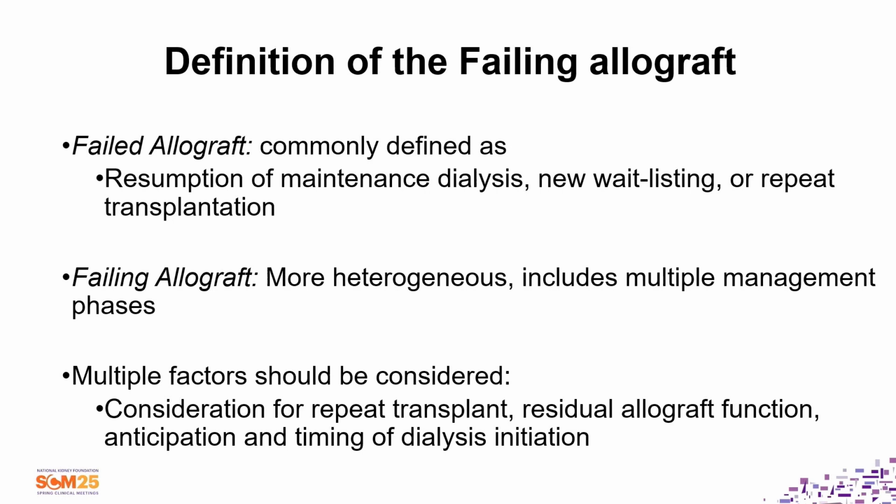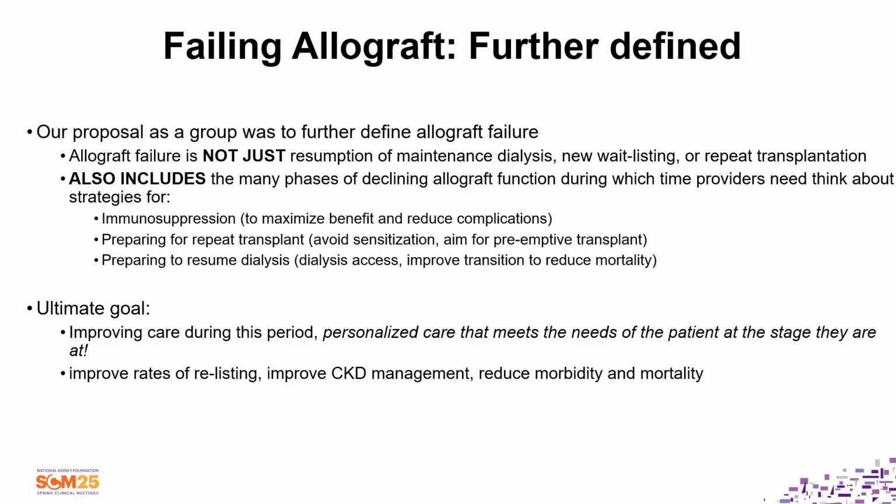So while this is the common definition of a failed allograft, it doesn't actually incorporate all the multiple management phases that happen during this time period. Specifically, the consideration for repeat transplant, residual allograft function, and anticipation and timing of dialysis initiation.